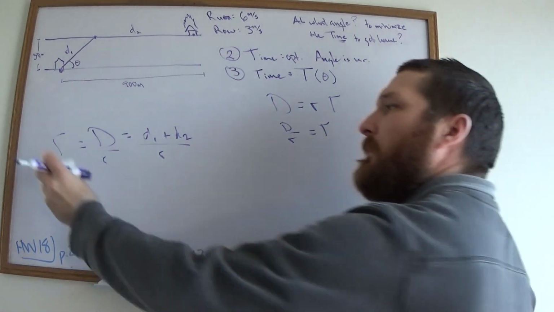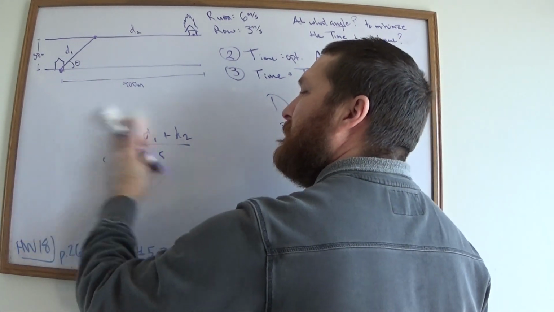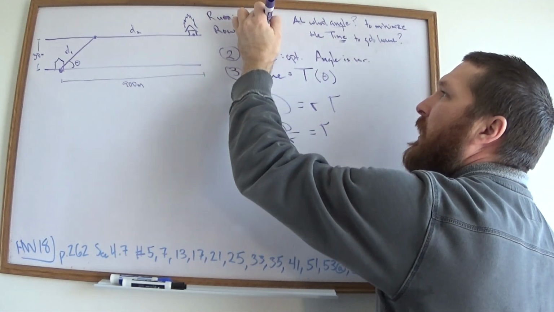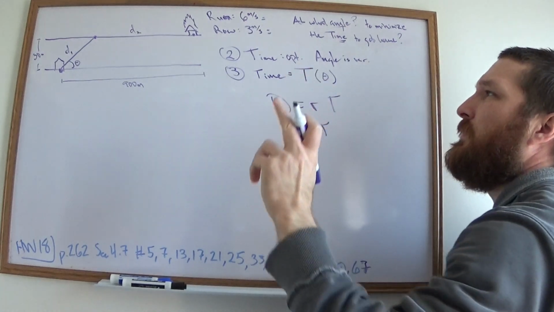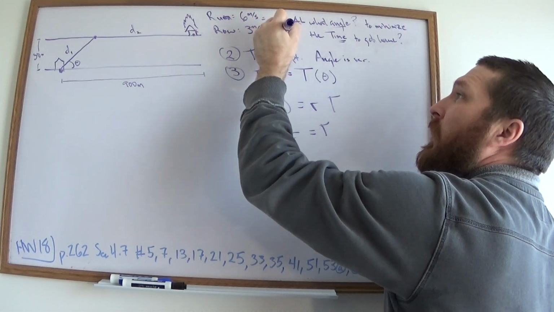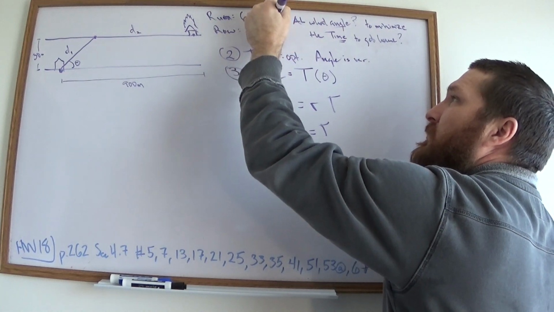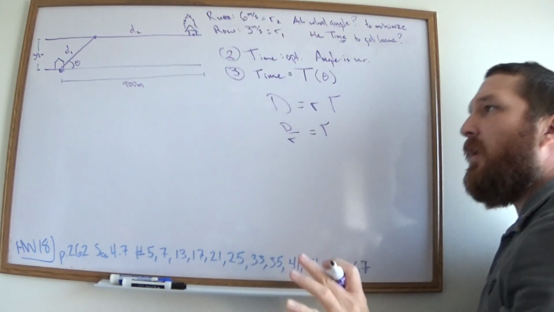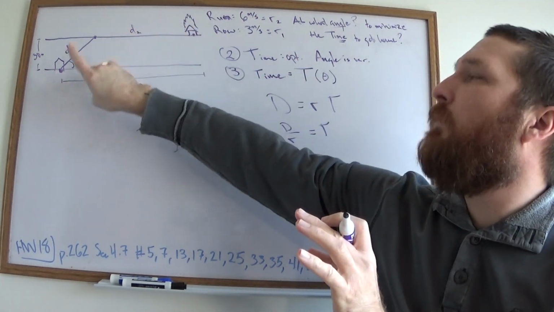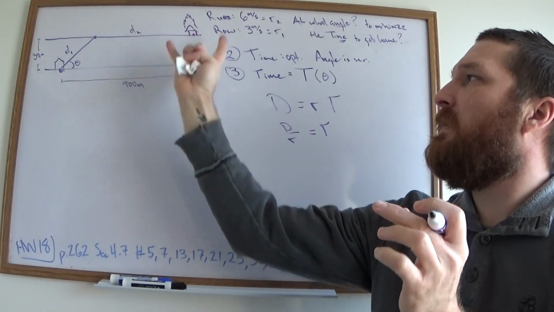So what do we need to do? R1 and R2. Yeah, exactly. Which one's R1, which one's R2? Well, you're rowing first, so that's R1, and this one's R2. The total distance is D1 plus D2.